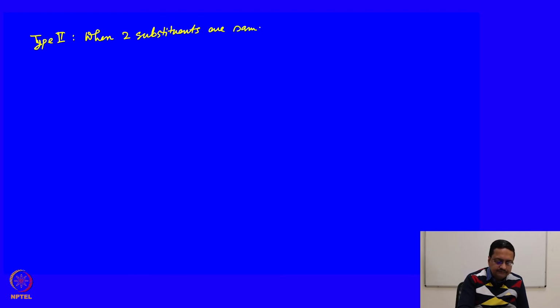Let us see the next type, which is type 2. When 2 substituents are same, but the third one is different. So here what we have are these isomers.